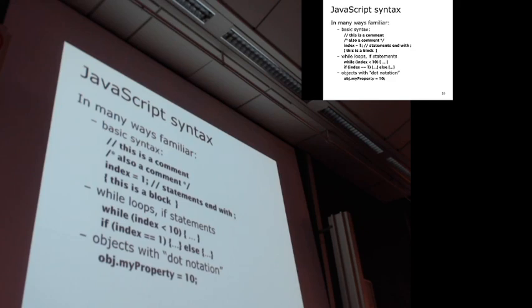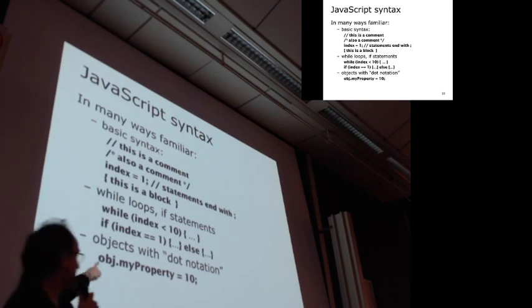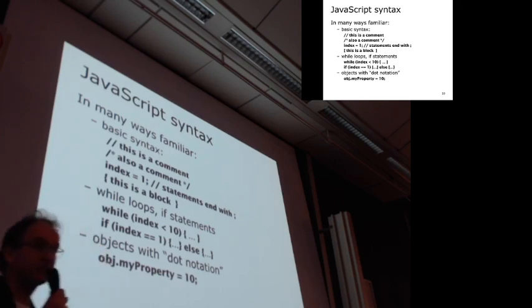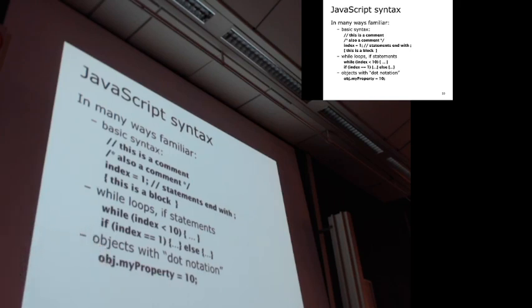Blocks between curly brackets. Okay, in Python you would use indentation, but the notion of a block should be familiar. You have while loops, if statements, etc. So I think everything is very familiar. The object notation using the dot, so you have some object name dot property, that should be familiar to many people.